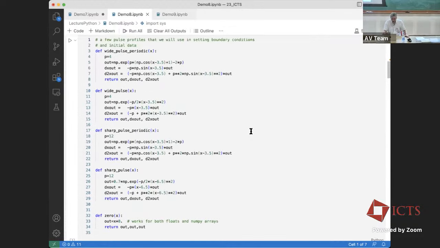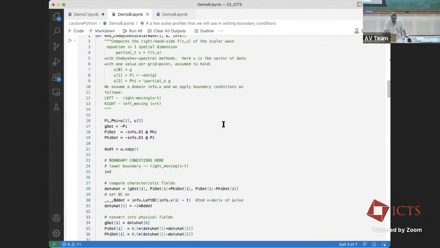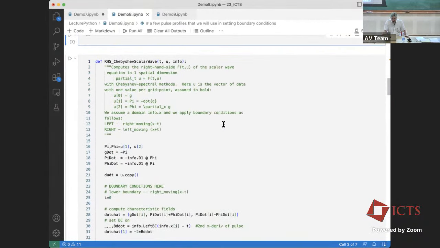I have a few different pulse shapes floating around here. Yesterday we used the periodic ones. For today I also have non-periodic ones, which are, wherever it is, here. They're Gaussians, so e to the minus x squared. And then I have here my Chebyshev scalar wave equation.